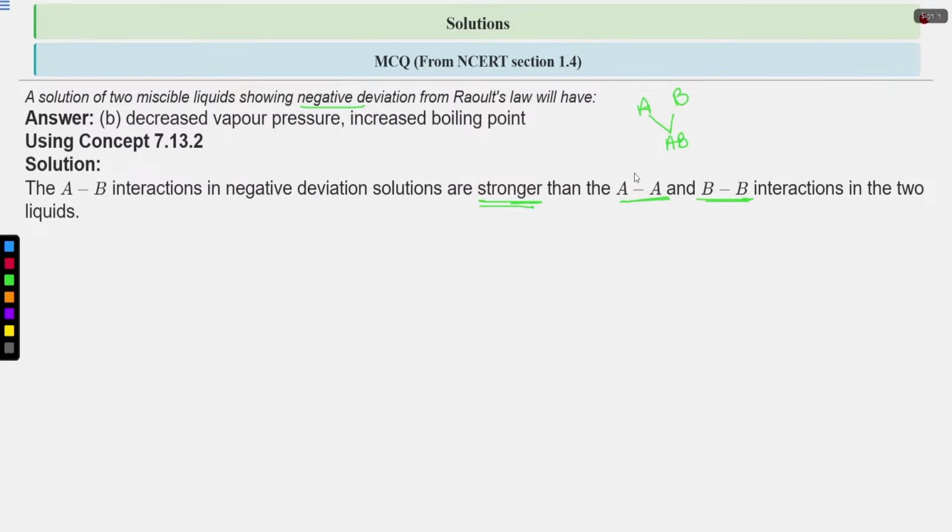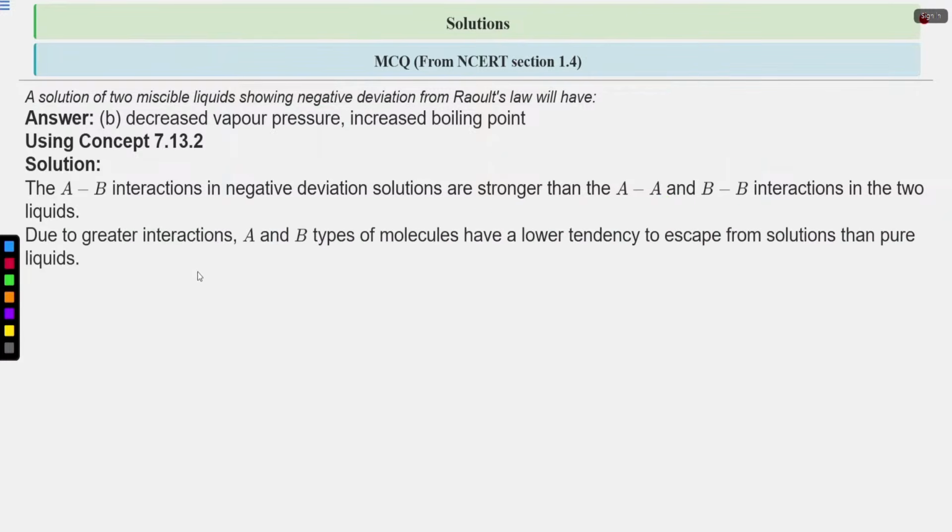the interaction between A and B is stronger than A-A or B-B. That means the solution is showing negative deviation. Due to the greater interactions in the A-B case, A and B types of molecules have a lower tendency to escape from the solution than from the pure liquids.